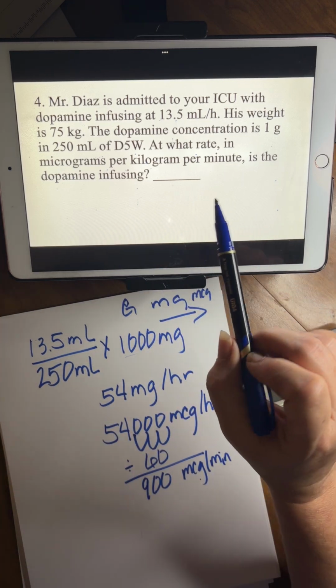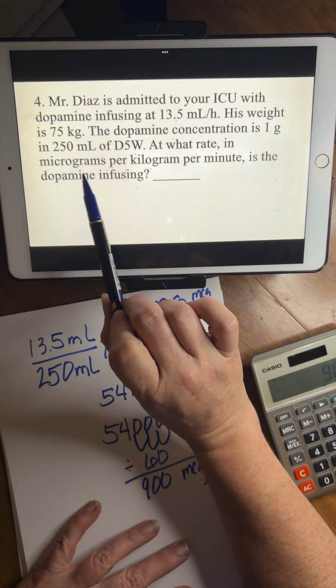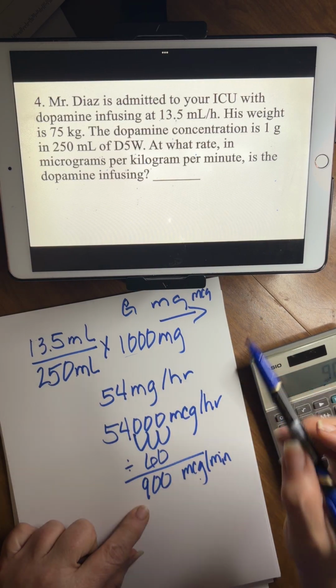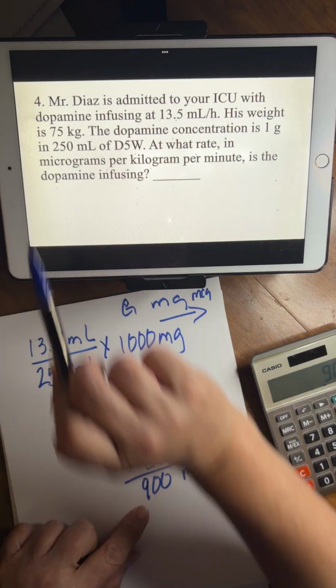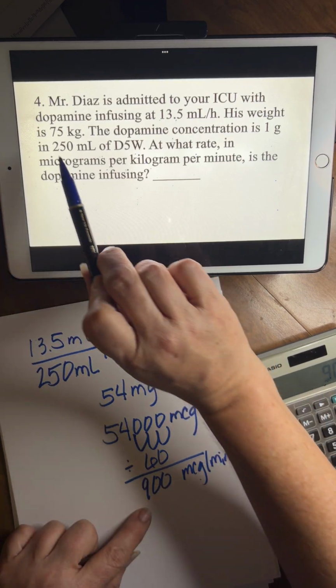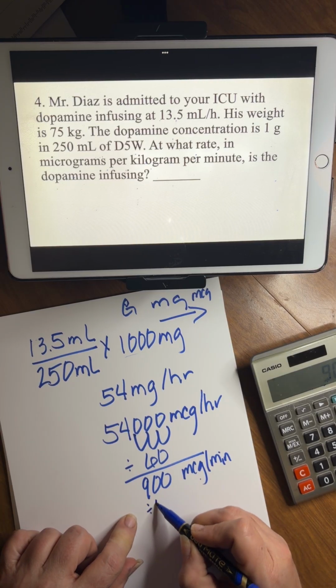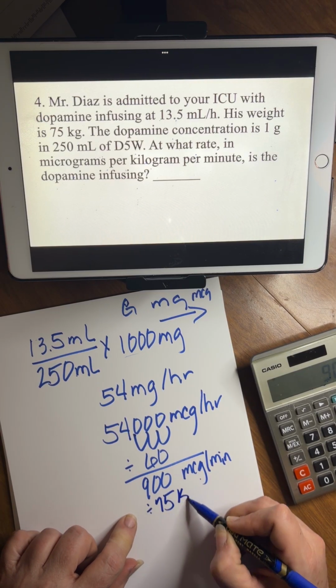Okay? All right. She wants to know the micrograms per kilogram per minute. So we're going to divide 900 micrograms by all his kilograms, divided by 75 kilograms.